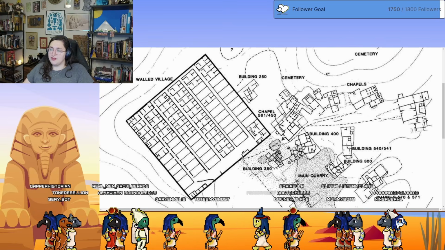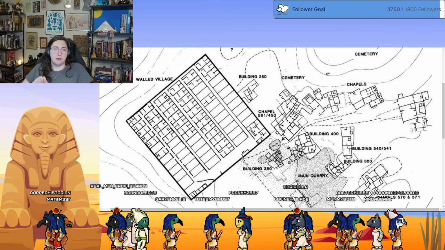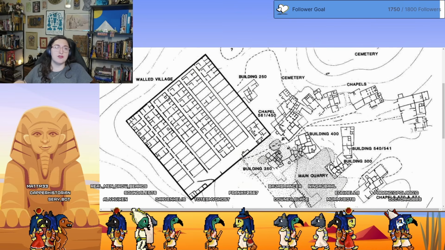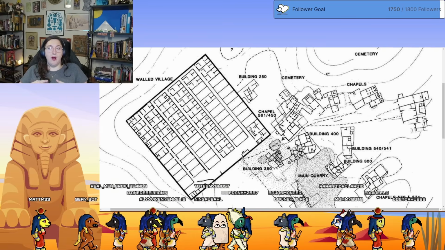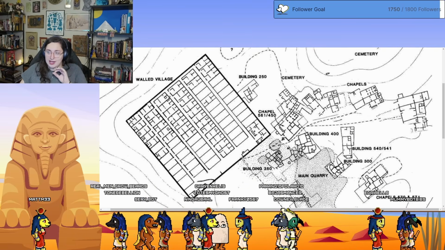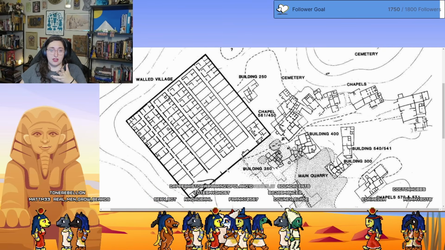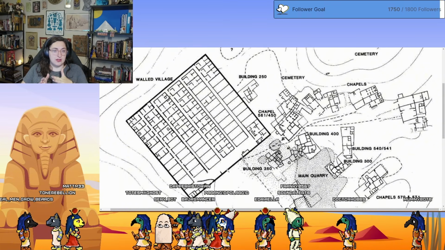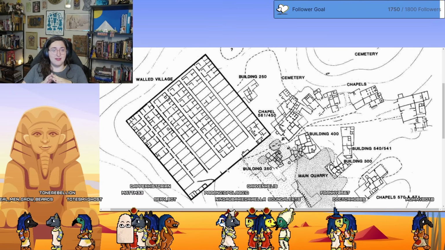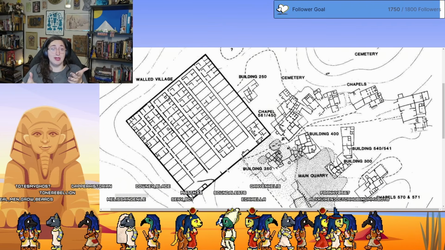The workman's village is a slight exception to everything that we have talked about at Amarna itself, for two reasons. One, it is very highly planned, as you can see by this giant square. And it's going to be the first thing built in the area of Amarna, because obviously, you need workmen to come and build the rest of your city.